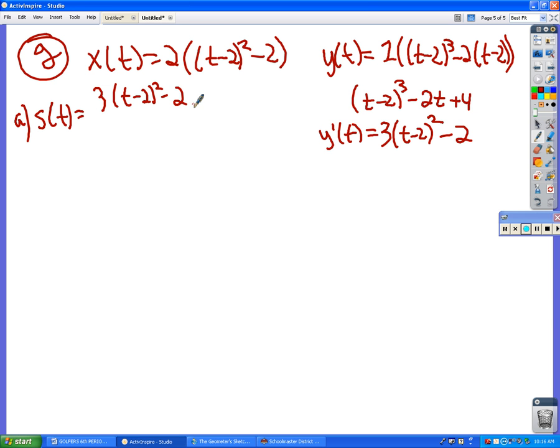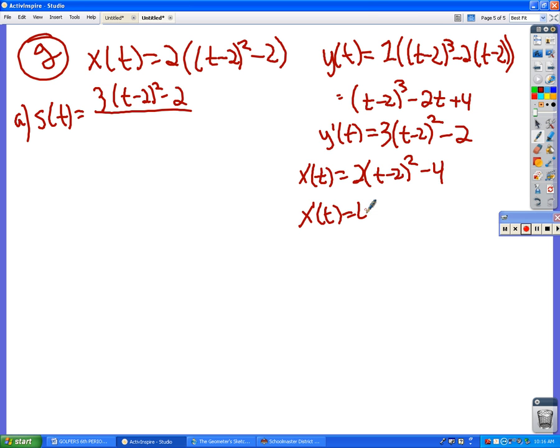Now x prime is going to be a little bit of a problem because this 2 is going to impact the thing, but let's distribute that anyway. So let's rewrite x of t as 2 times t minus 2 squared minus 4. How's that sound? And I guess that derivative doesn't come out too bad.